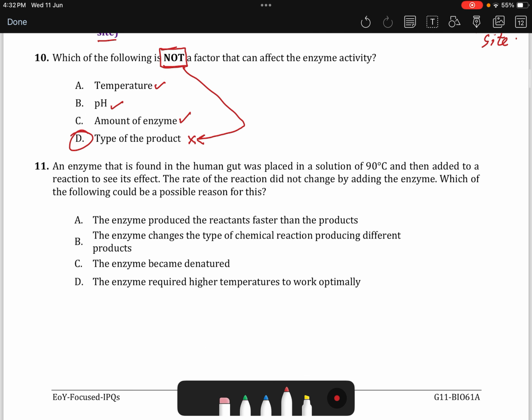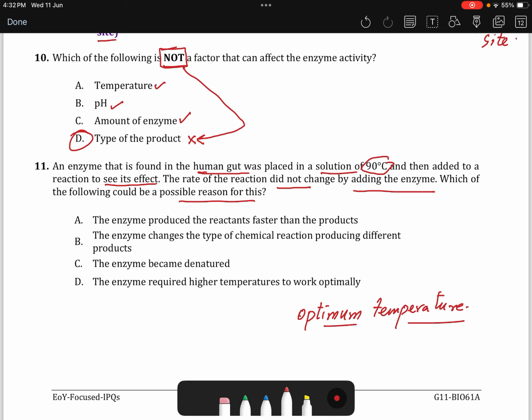An enzyme that is found in the human gut was placed in a solution of 90 degrees and then added to a reaction to see its effect. The rate of the reaction did not change by adding this enzyme. Which of the following could be a possible reason for it? You know that all the enzymes work at optimum temperature. What is the optimum temperature?